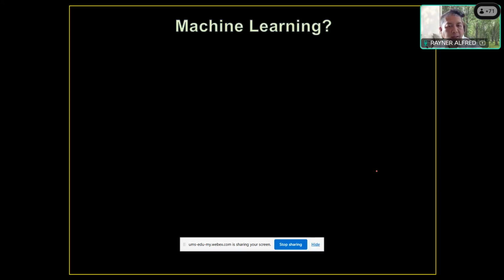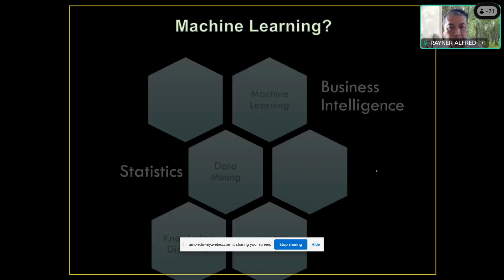So what is machine learning? Machine learning is normally associated with deep learning or AI or business intelligence or data mining, knowledge discovery, and so on. Okay, so we will try to define machine learning based on how it relates to other terms that we have heard before.